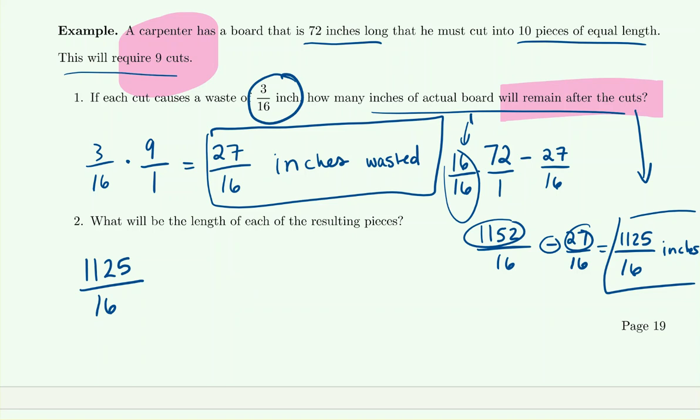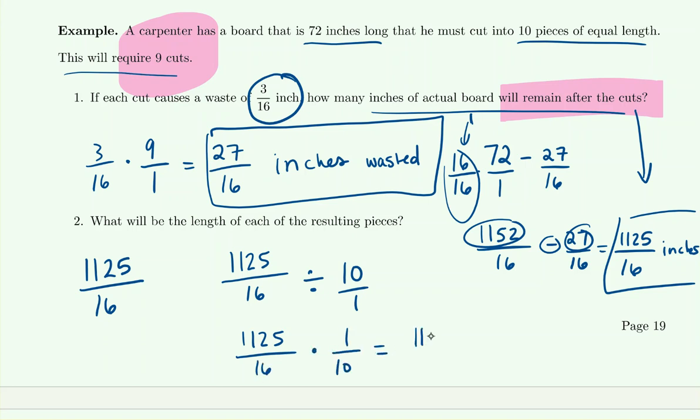This is the idea of division. This is telling us 1,125 divided by 16 divided by 10 would be how much? If we're going to divide this amount that we've got into 10 equal pieces, we would need to do that. Now, we could help ourselves by seeing this as fraction division, as 10 over 1. Remembering we keep the first, change the sign, flip the second, and then we've got 1,125 divided by 160.